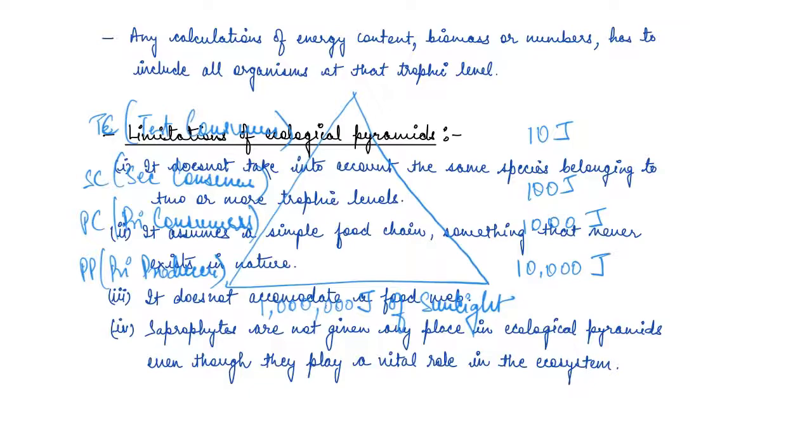So basically, producers are more in number and biomass than herbivores. Again, herbivores are more in number and biomass than carnivores, except for the exceptions, right? Like we saw in case of biomass, if we talk about the aquatic system, it is inverted, right?